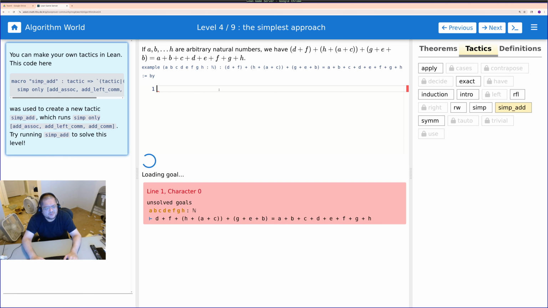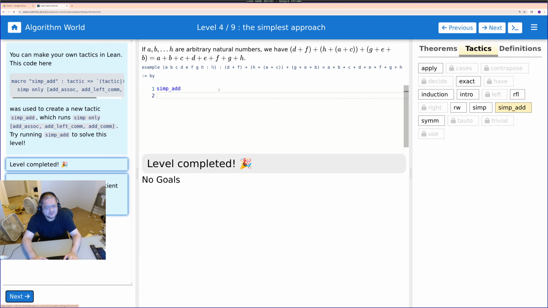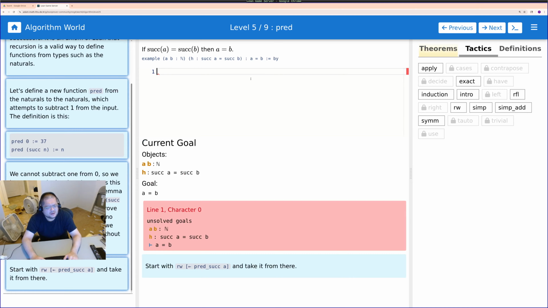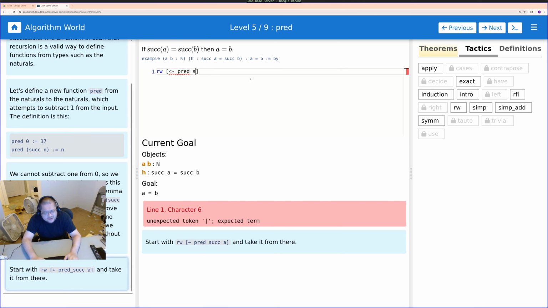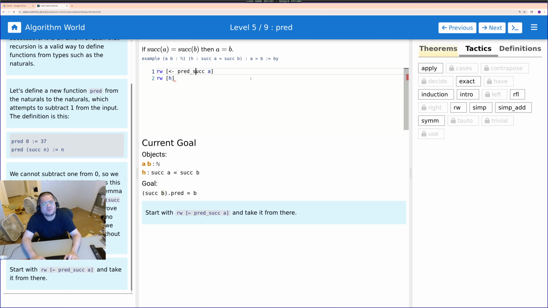What do we do here? Simp add. Great. Rewrite pred successor of A. Rewrite, do this on a single line.